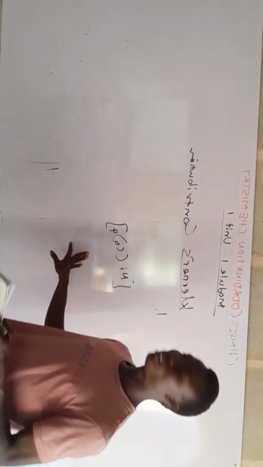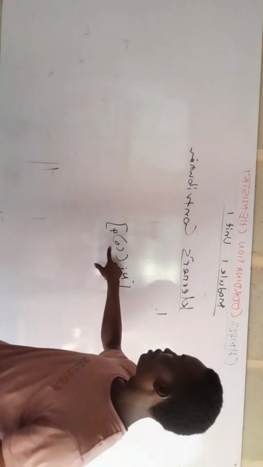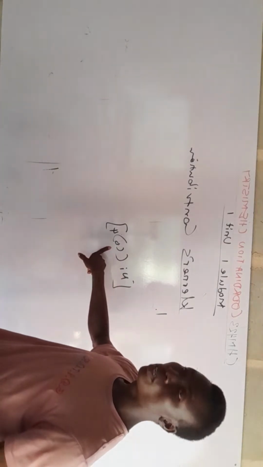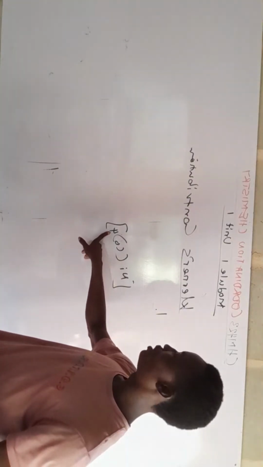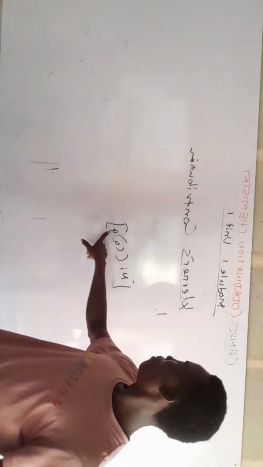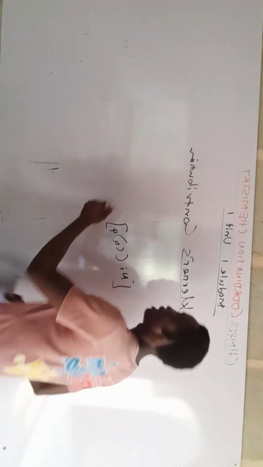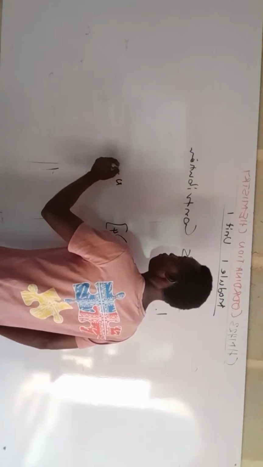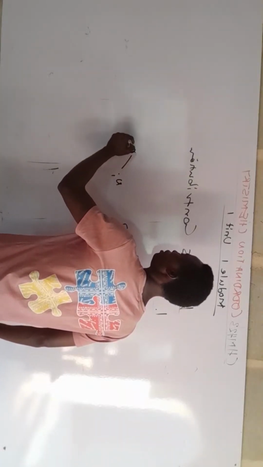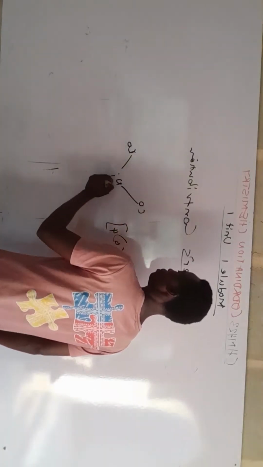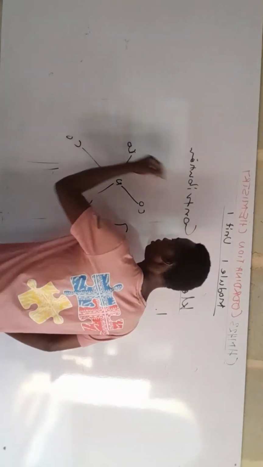This compound has a coordination number of 4. Because of the 4 in this place, it will determine the shape. That is Ni followed by CO, CO, CO, and CO.